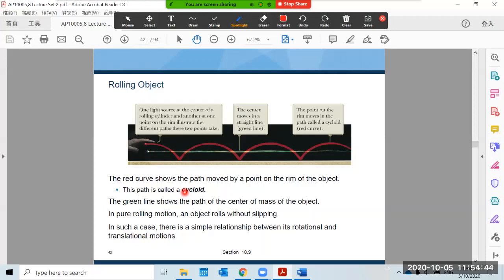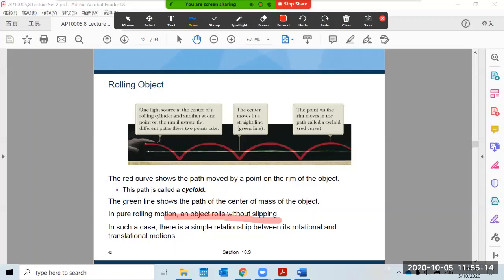We are not particularly concerned with the exact equation of a cycloid. If you are interested, you could definitely find it on YouTube. But here, I just show you that when an object is rolling without slipping, that means it does not slide on the surface.